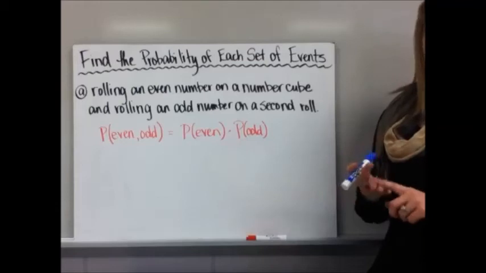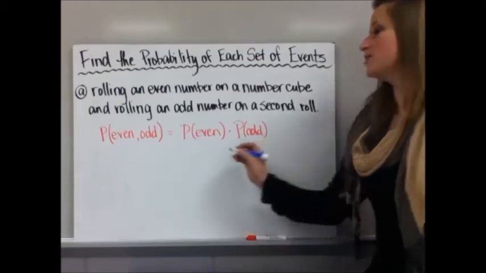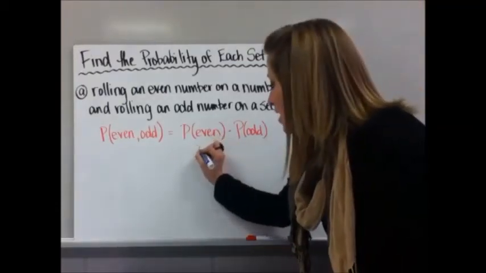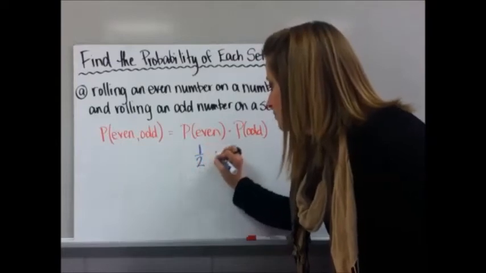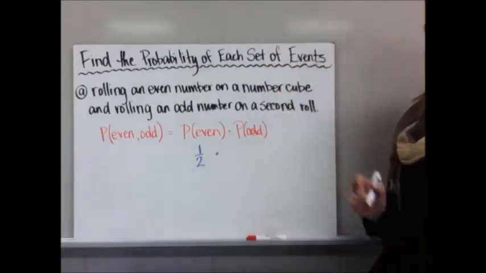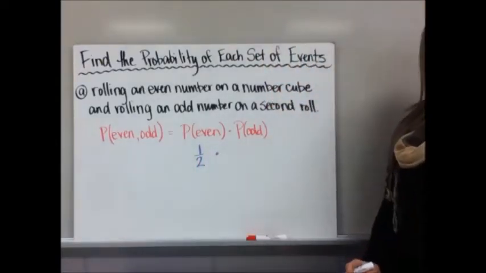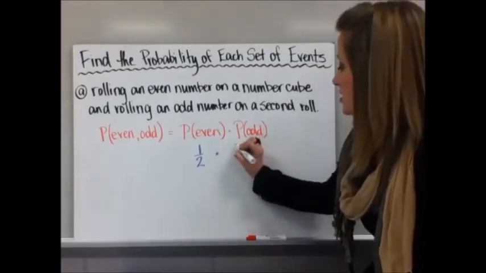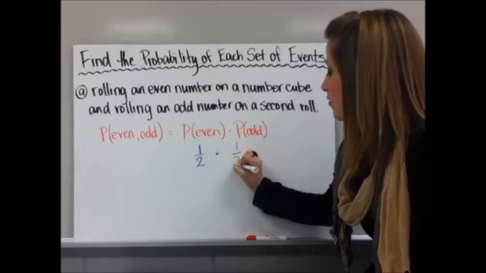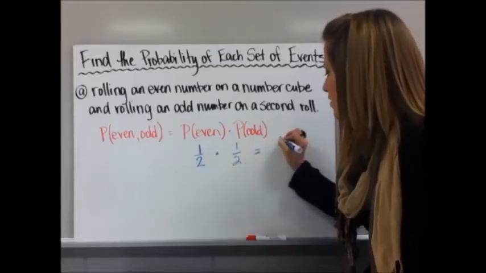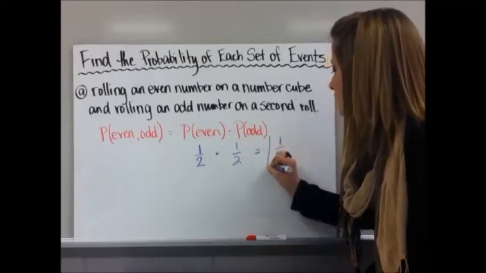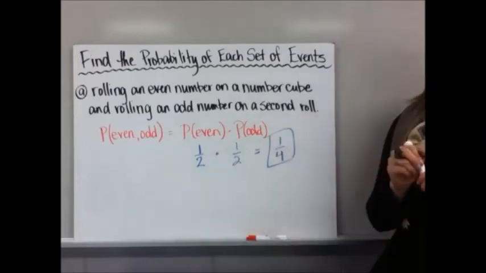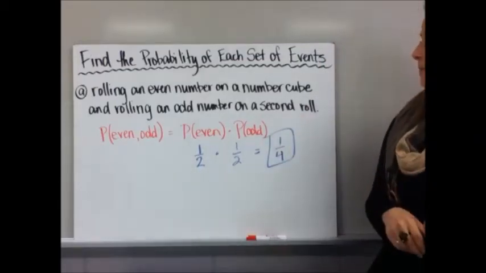Even numbers are 2, 4, and 6, and there are 6 possible outcomes, so that is 3 out of 6, or 1/2. The probability of rolling an odd, the complement, is 1, 3, and 5, which is also 3 out of 6, 1/2. I multiply those two together, and 1/4 is the probability of that happening.